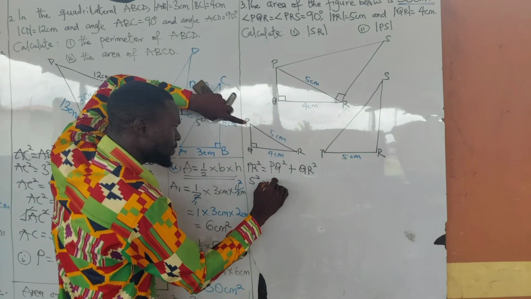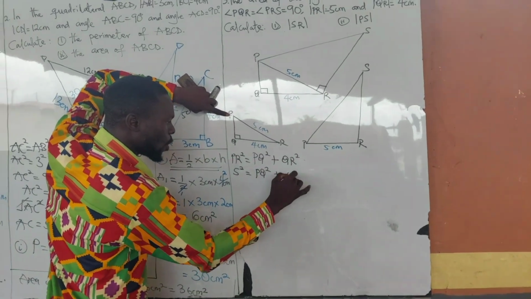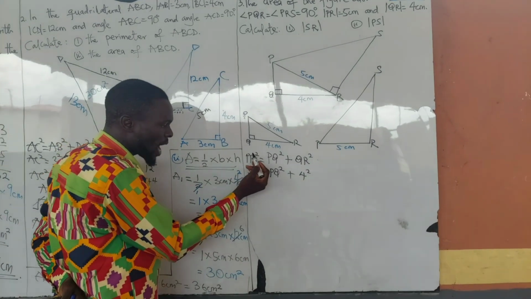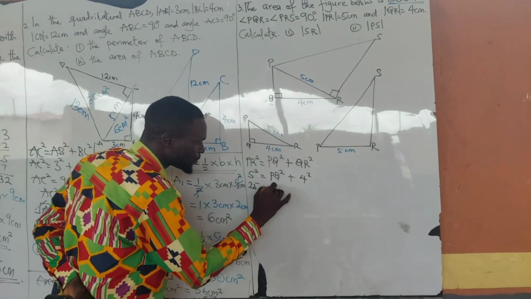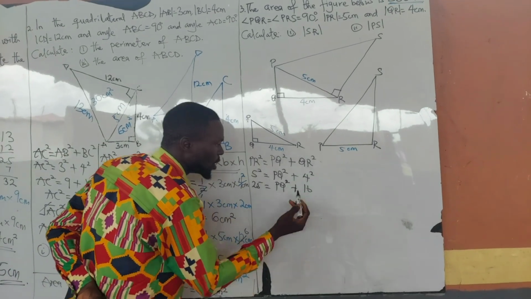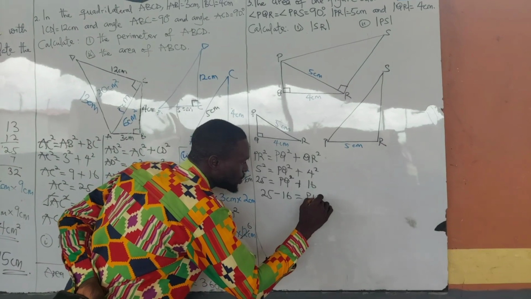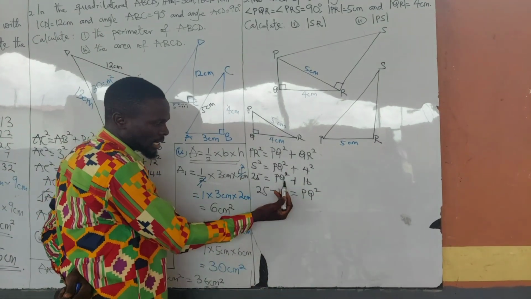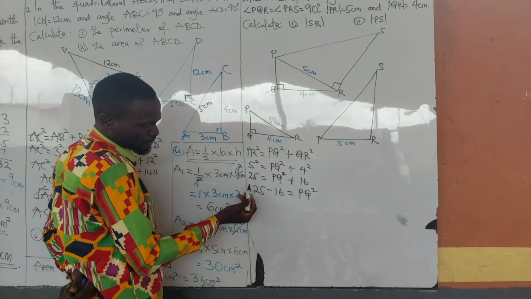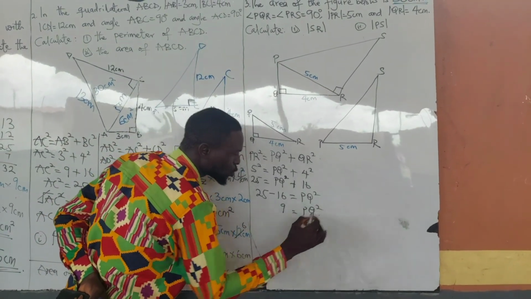PQ, I haven't been given, so I'm going to maintain this, plus QR, I have 4 squared. So the square of this is 25, equals PQ squared plus 16. We group like terms: 25 minus 16 is equal to PQ squared. Subtracting gives us 9, which is equal to PQ squared.